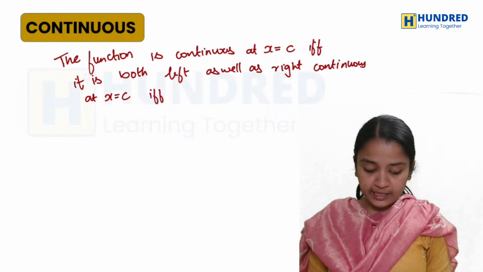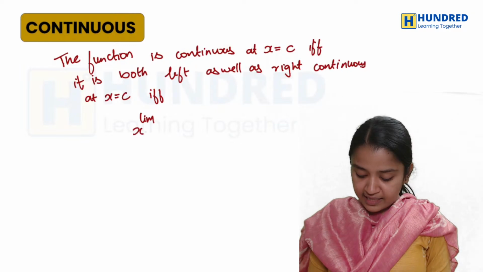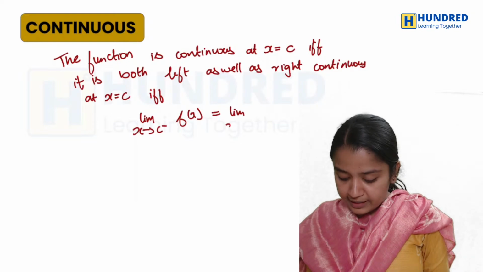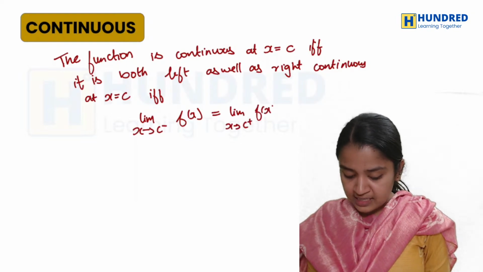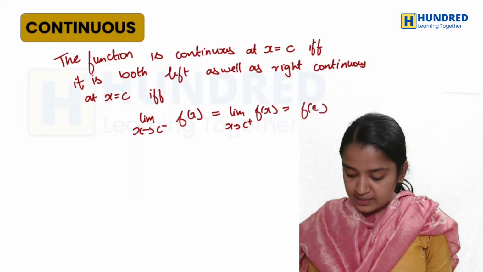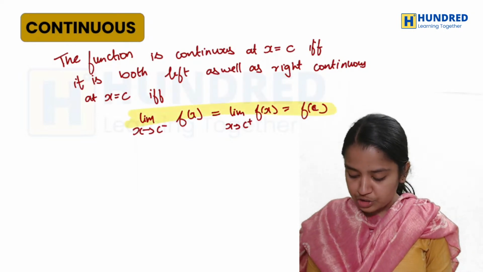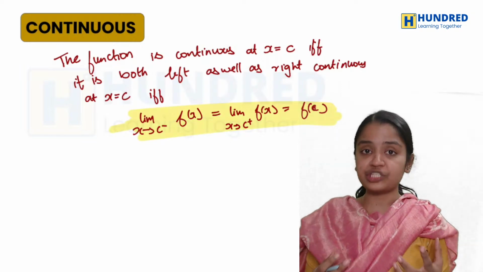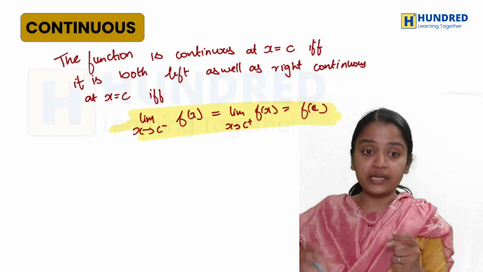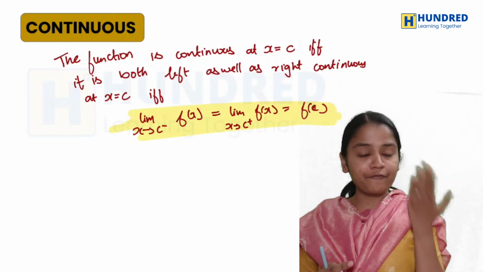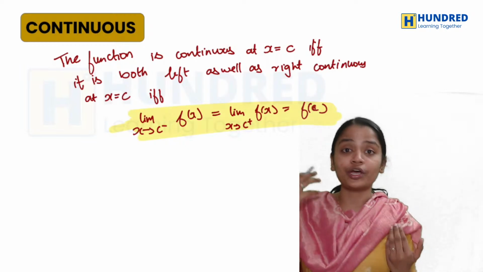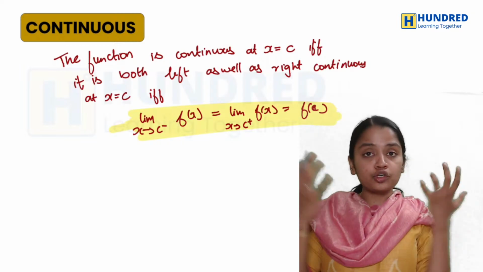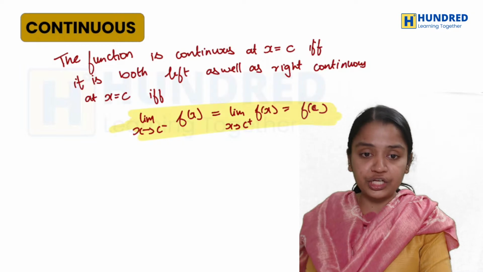That will happen if and only if the limit as x tends to c minus of f(x) is equal to the limit as x tends to c plus of f(x), which is equal to f(c). So if they ask you to prove your function is continuous at a particular point, your left hand limit should be equal to your right hand limit, and that should be equal to your function value at the particular point.